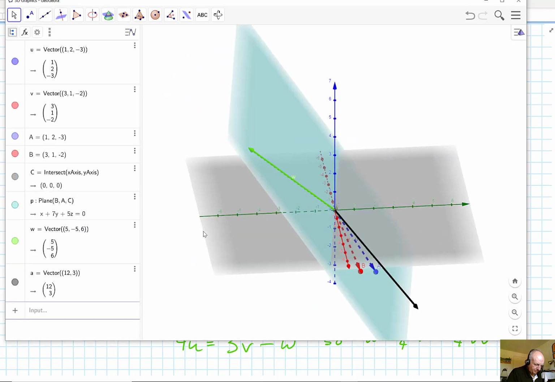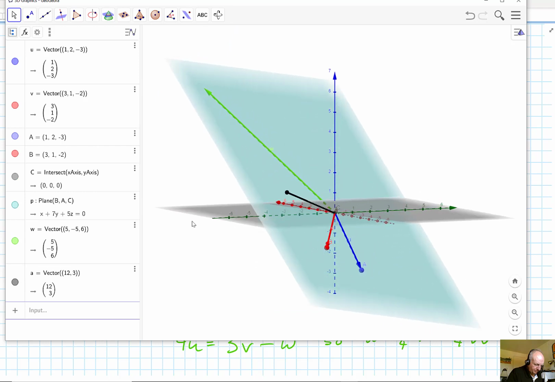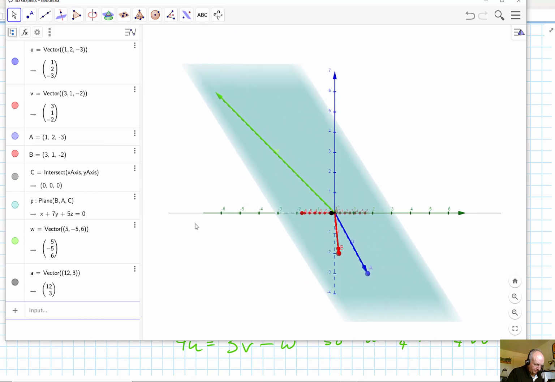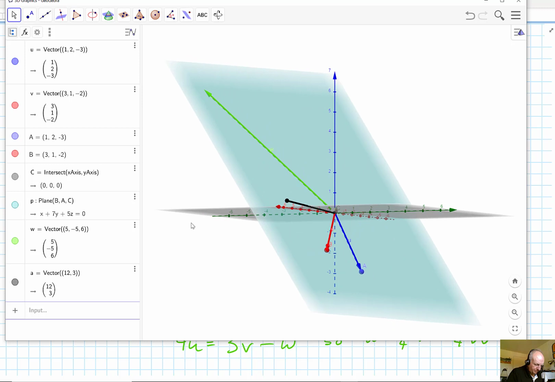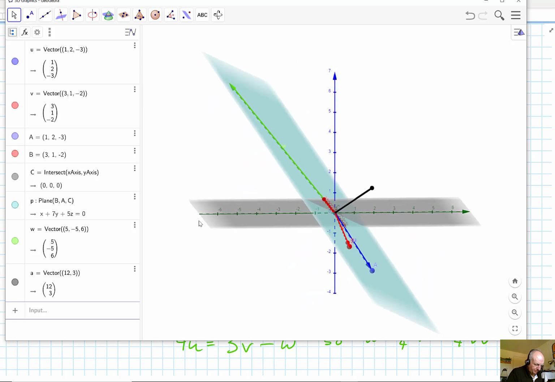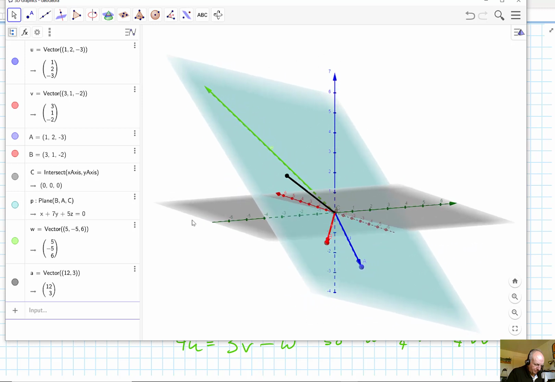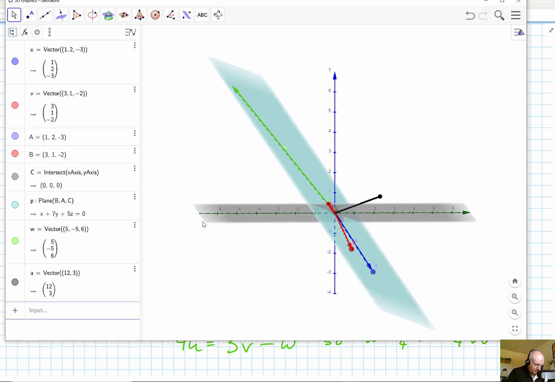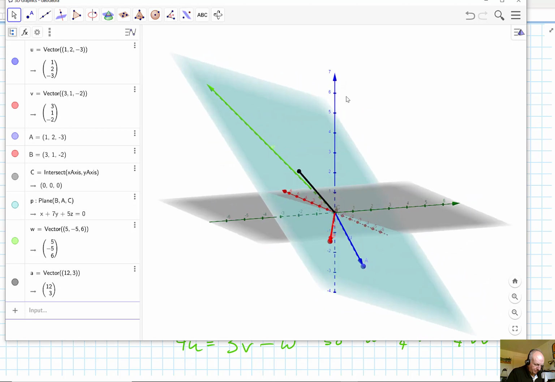Look at it. It doesn't lie in the plane. So it contains its own unique information. I just made that one up. But there you go. So that is the idea of how you find the dependence of vectors.